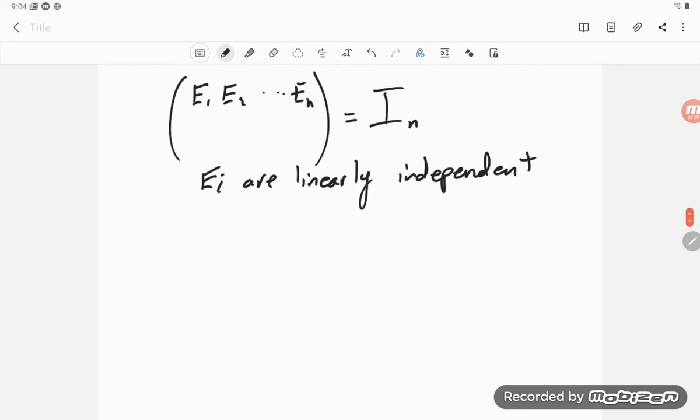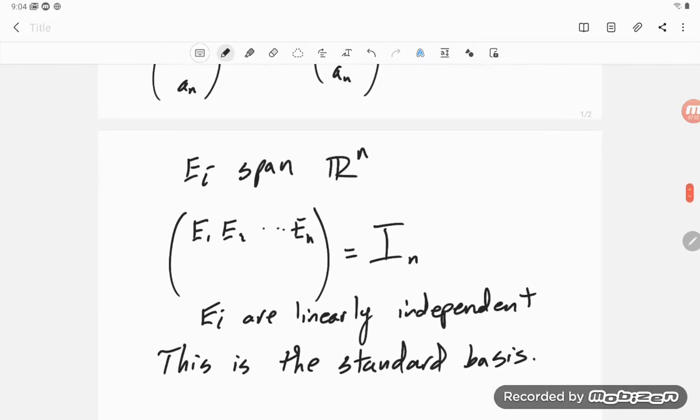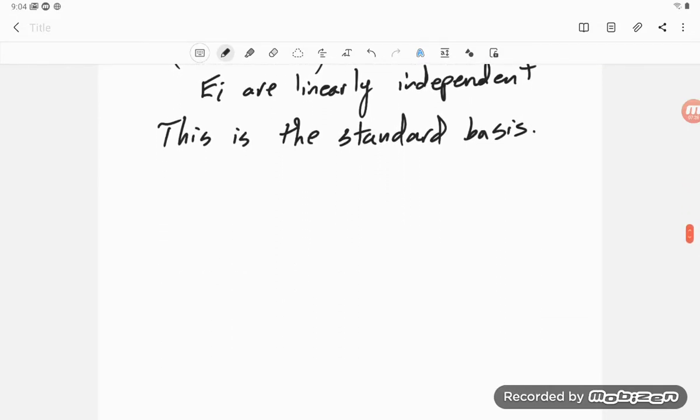And we call this actually the standard basis. Okay, so when we take these columns of the identity as our basis, we call that the standard basis.